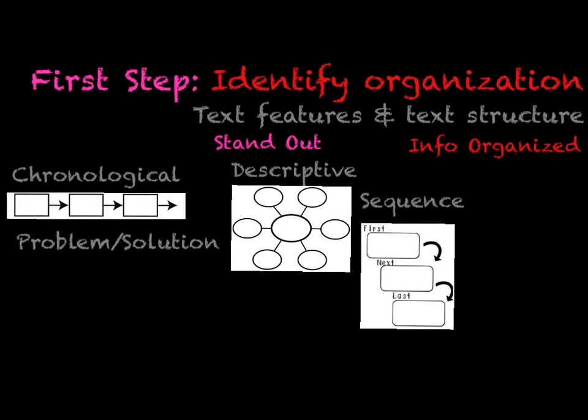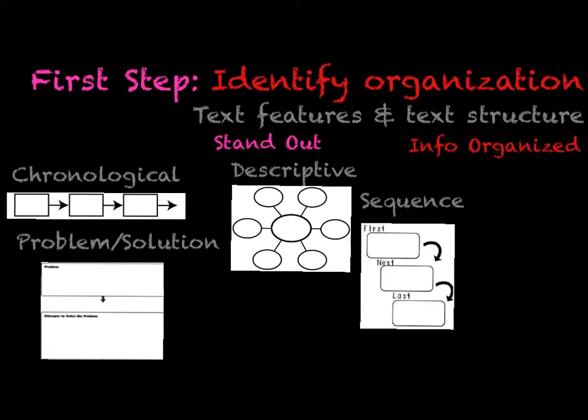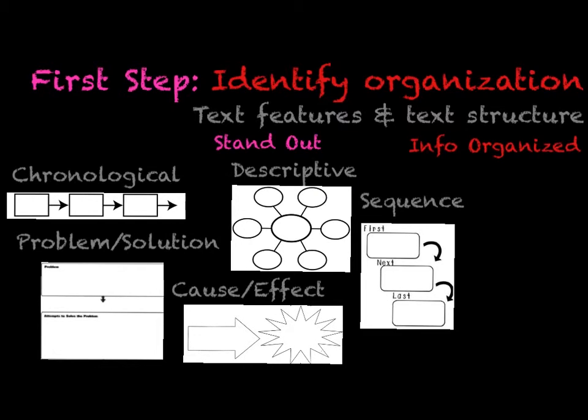Problem and solution, where a problem and an answer are suggested. Your signal words could look like the question is, to solve this, the problem is, one reason for, one answer is, the puzzle is, since, and therefore. Cause and effect. An action and its reaction is explained.